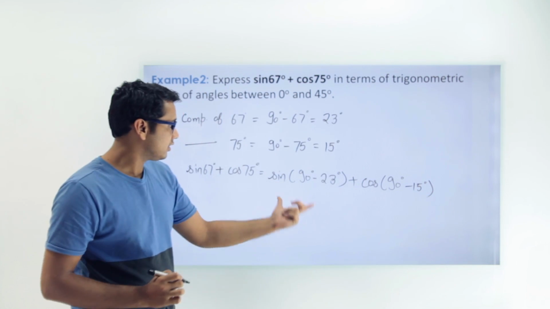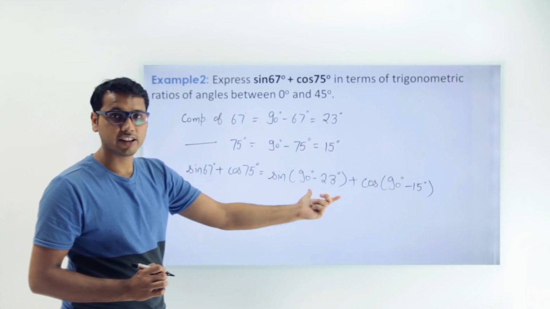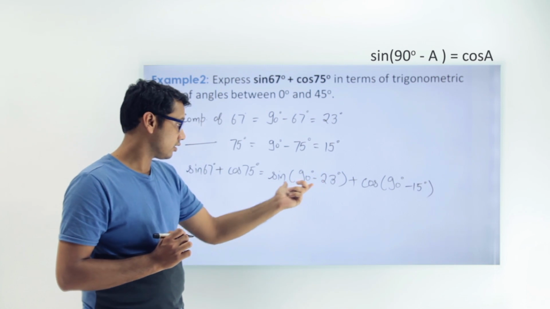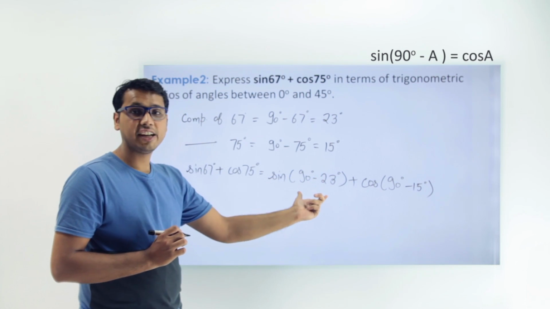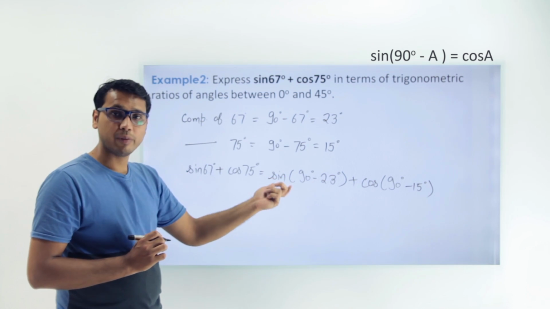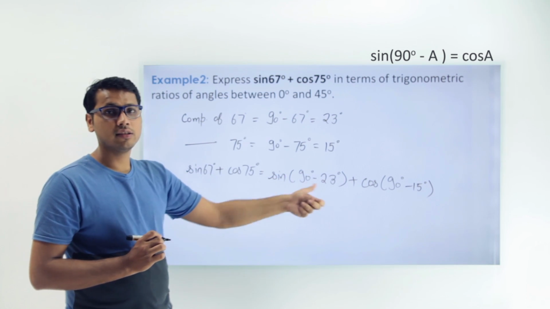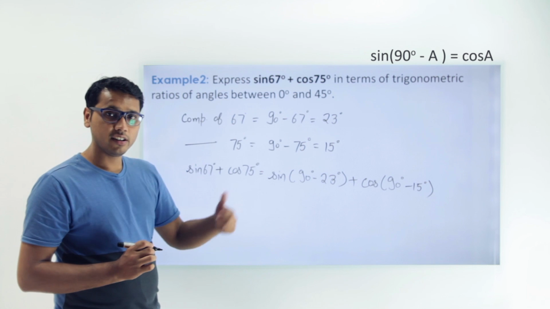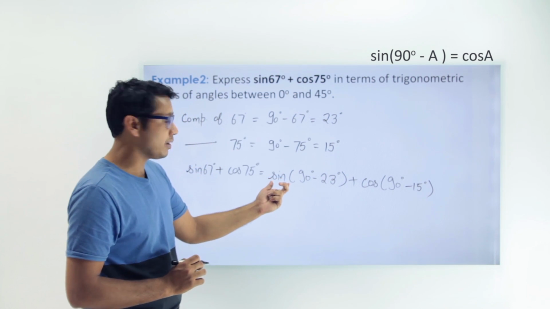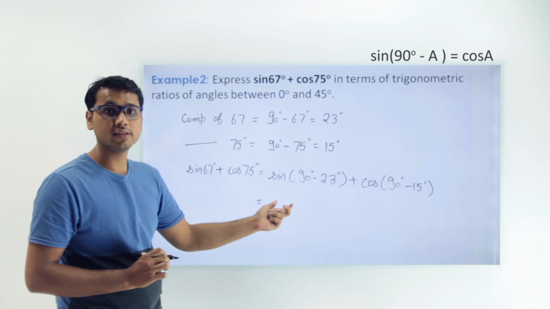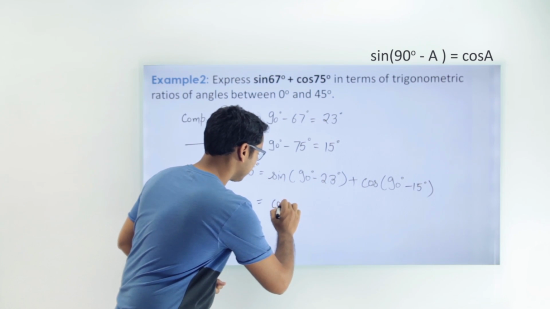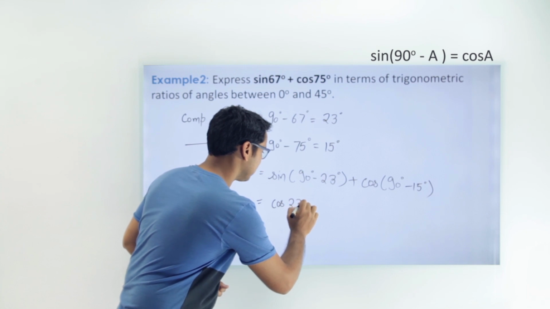Now if you look at these two terms, they are written in the form of a trigonometric function of 90 minus some angle. So this can be changed into its complementary trigonometric function and that angle. This we had learned earlier. So the complementary trigonometric function of sine is cosine. So this will change into cos of 23 degrees.